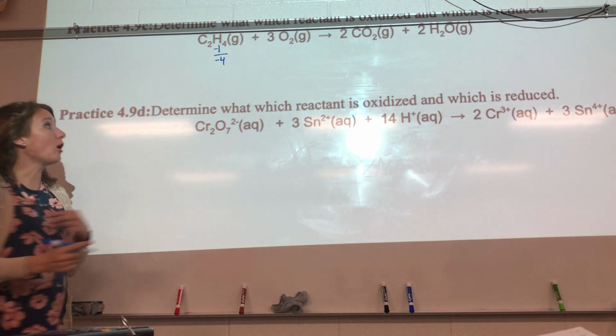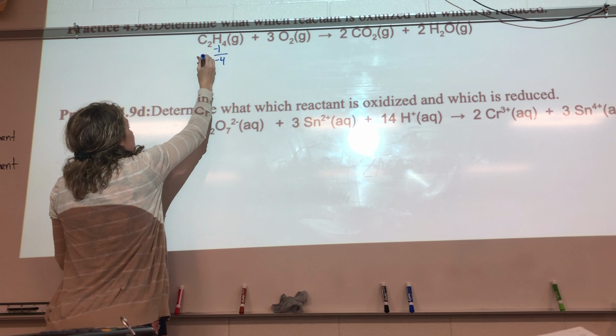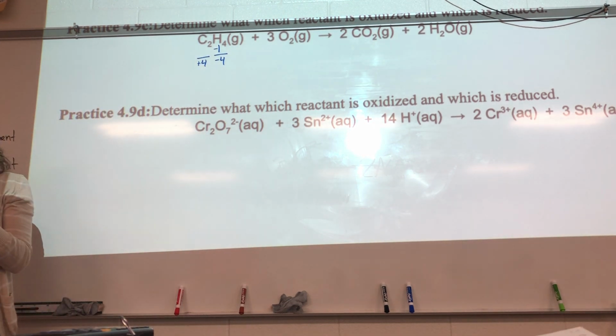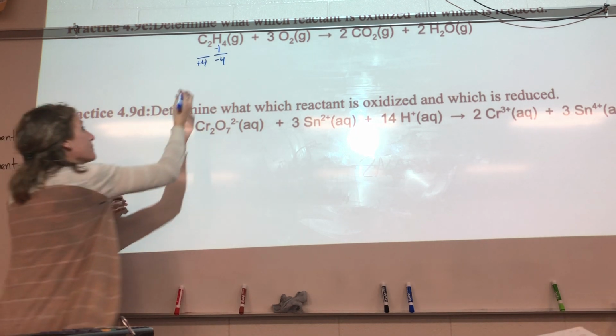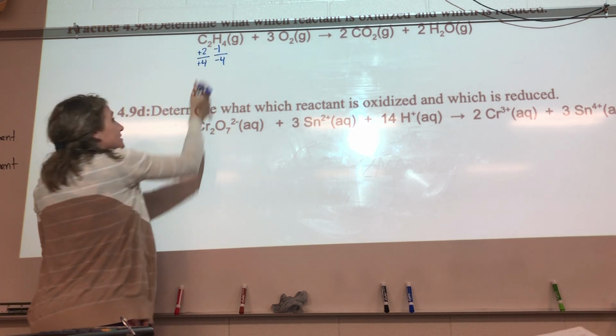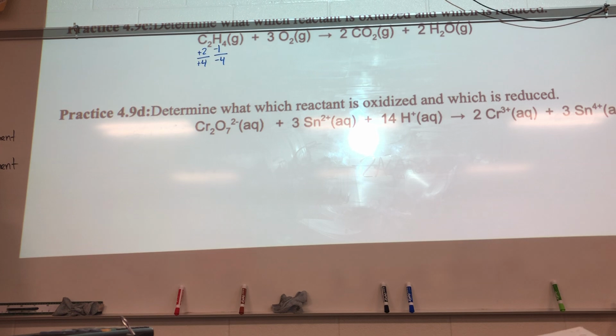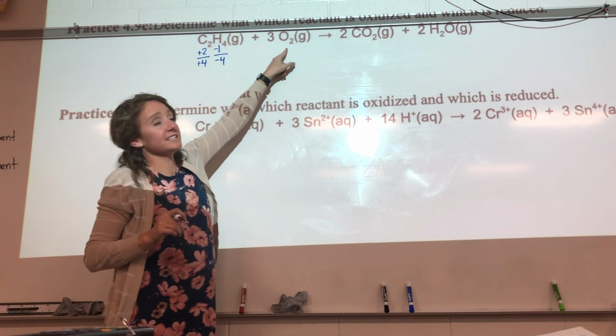So that means my carbon needs to add up to +4, but I have 2 carbons, so carbon's oxidation number is +2. Everyone see how we did that one? Okay, good?